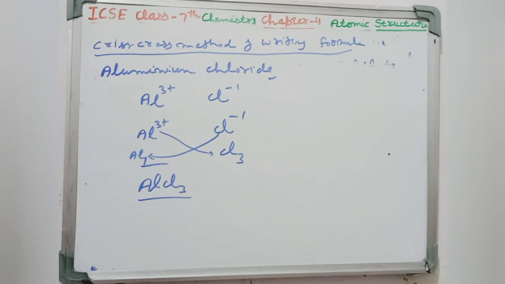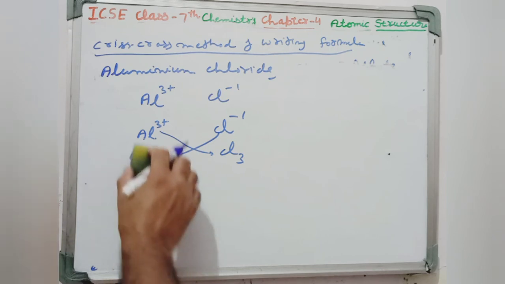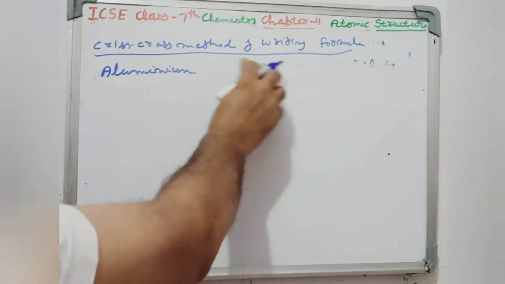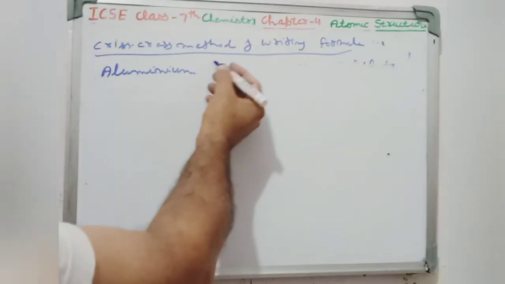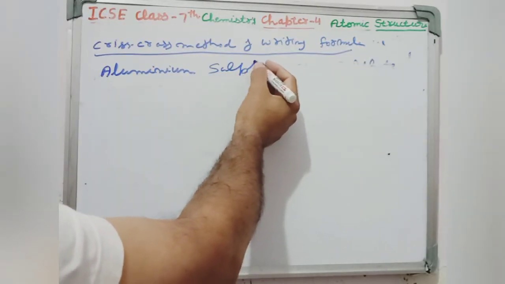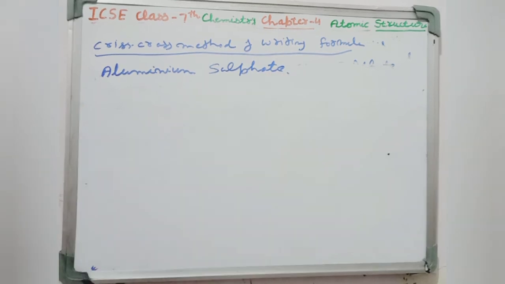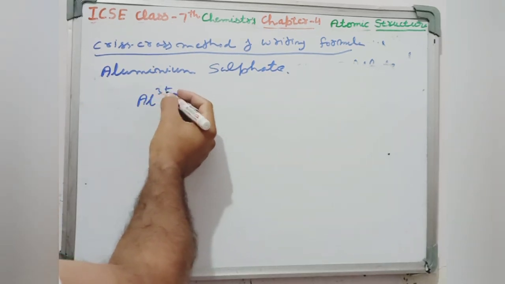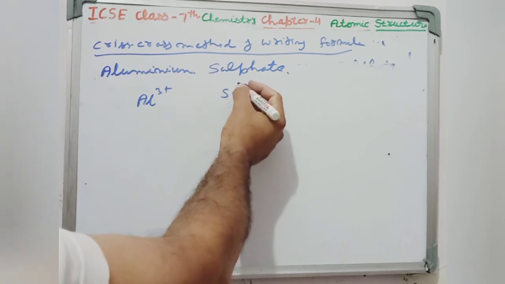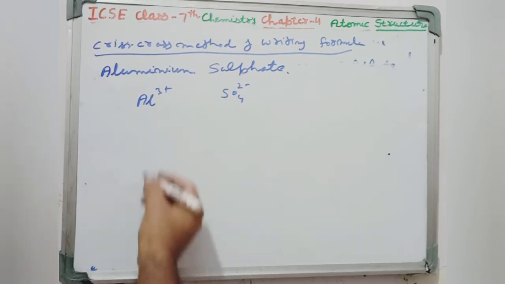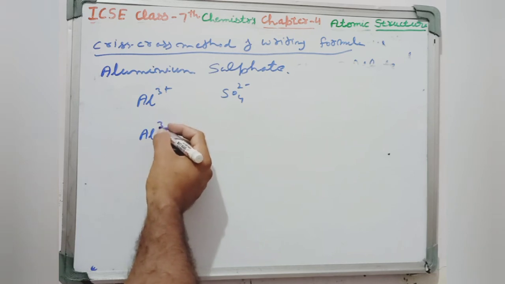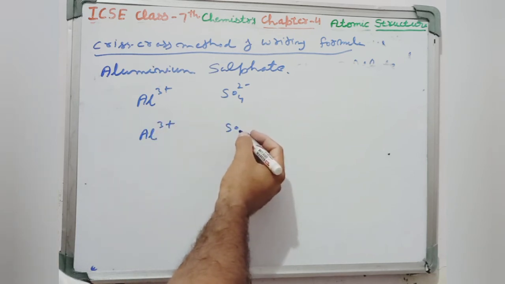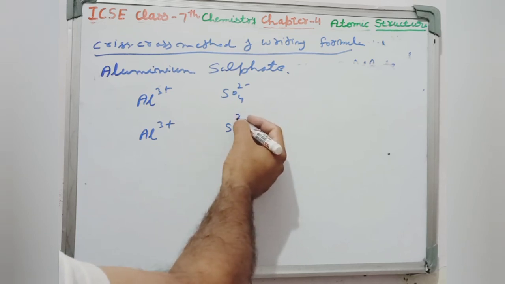Now if we want to write aluminium sulfate, in the same way, aluminium is Al3+ and sulfate is SO4 2-, right? Al3+ SO4 2-.